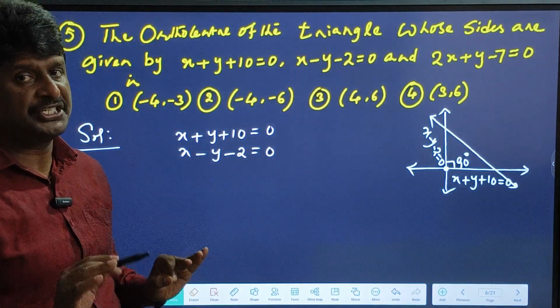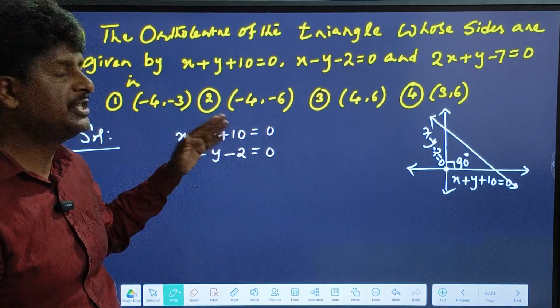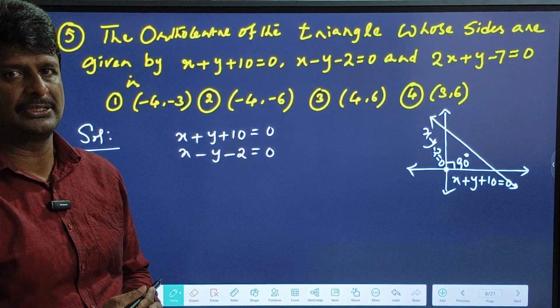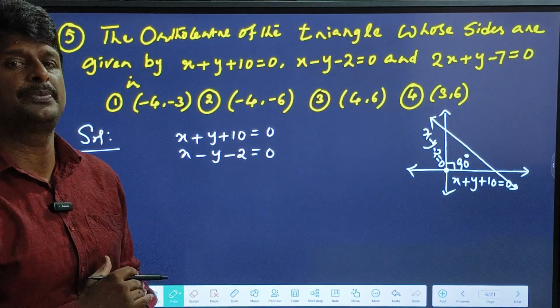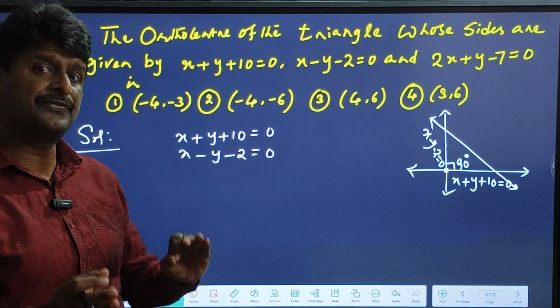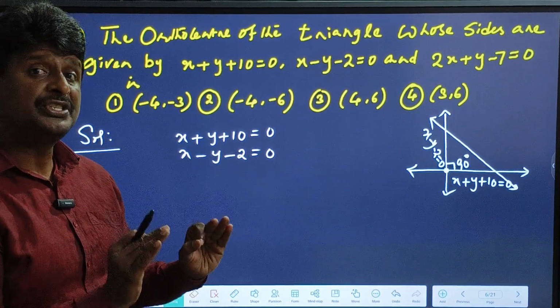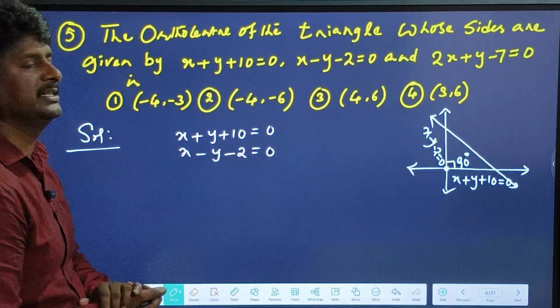In an objective examination, there is no need to solve these two lines. The answer is already there in the four options. It is enough to verify which option satisfies these two lines.